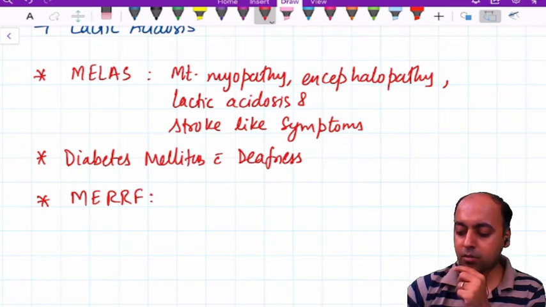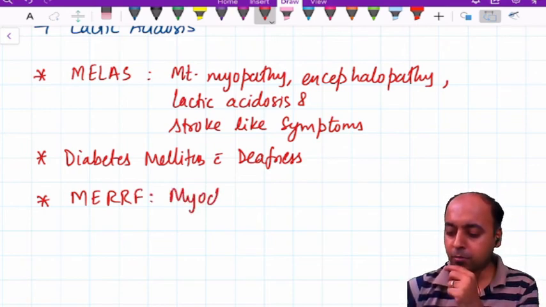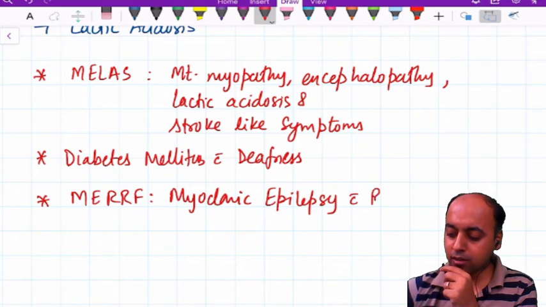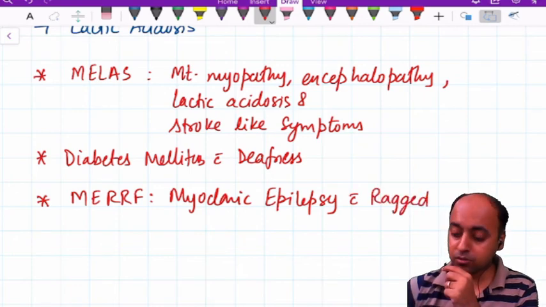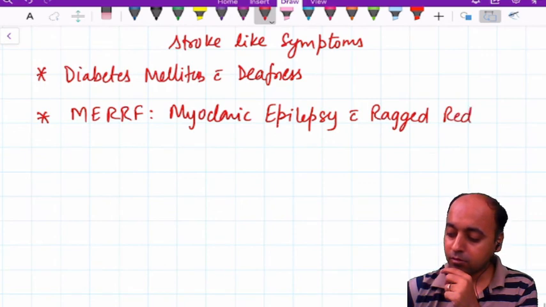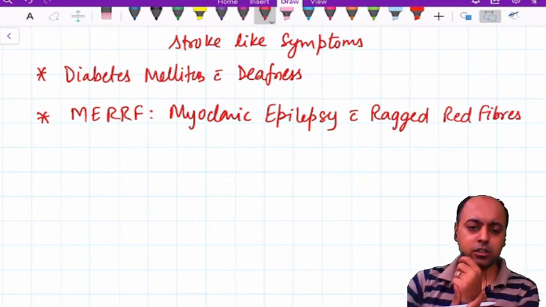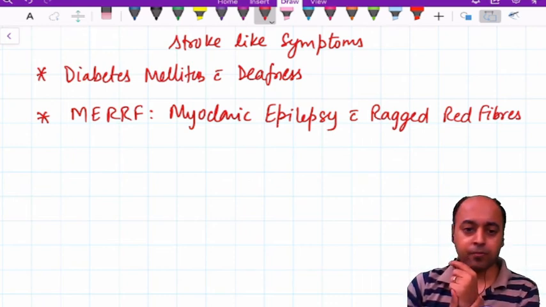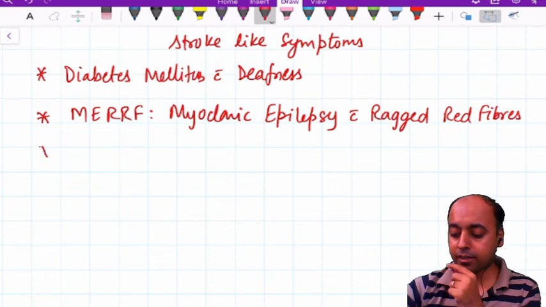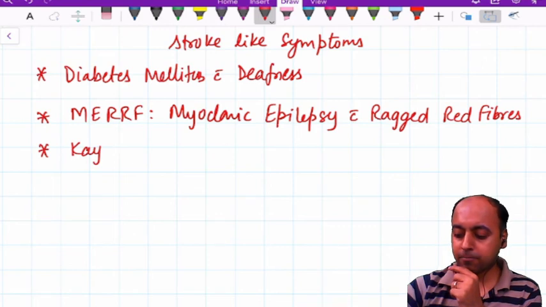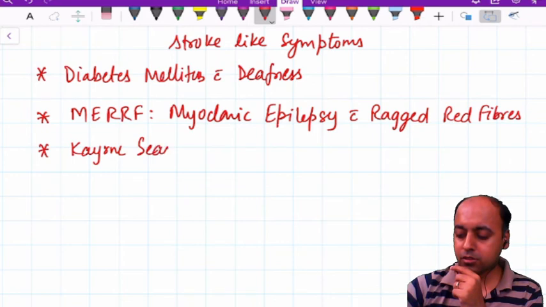A condition called MERRF, myoclonic epilepsy, with a characteristic histological finding called the ragged red fibers, is another disorder which is due to the mitochondrial DNA damage. Then we have a condition called Kearns-Sayre syndrome.